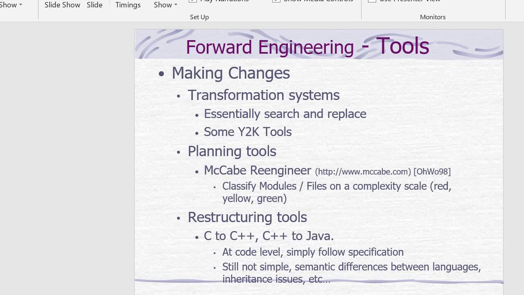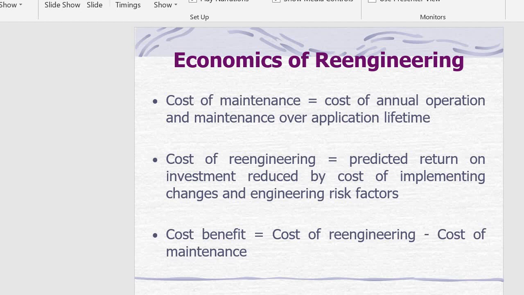Now we have the economics of re-engineering. First we have the cost of maintenance, which is basically the cost of annual operation and maintenance over the specified application lifetime. Then we have the cost of re-engineering, that is the predicted return on investment reduced by the cost of implementing changes and re-engineering risk factors.